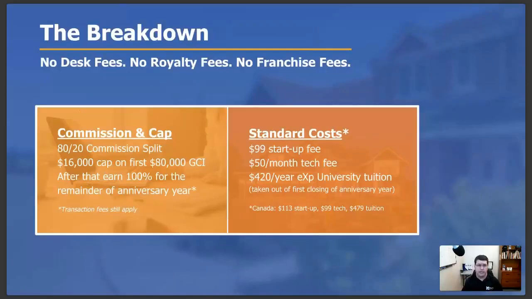So an individual agent, or Milena and I as a unit, we pay a $16,000 cap. So we're paying up to $16,000 at an 80-20 split. I'm paying 20% to the company and keeping 80%, up to $16,000, and that's 100% after that. So that's kind of the standard.